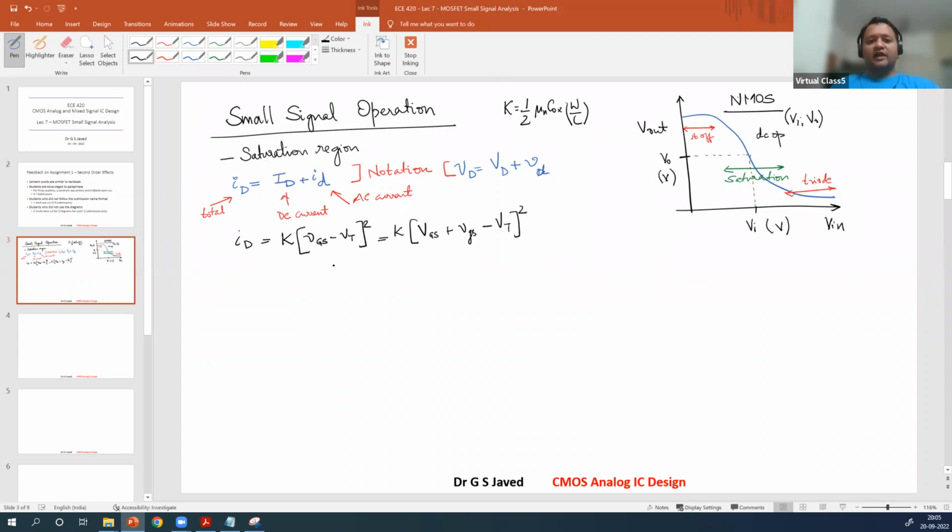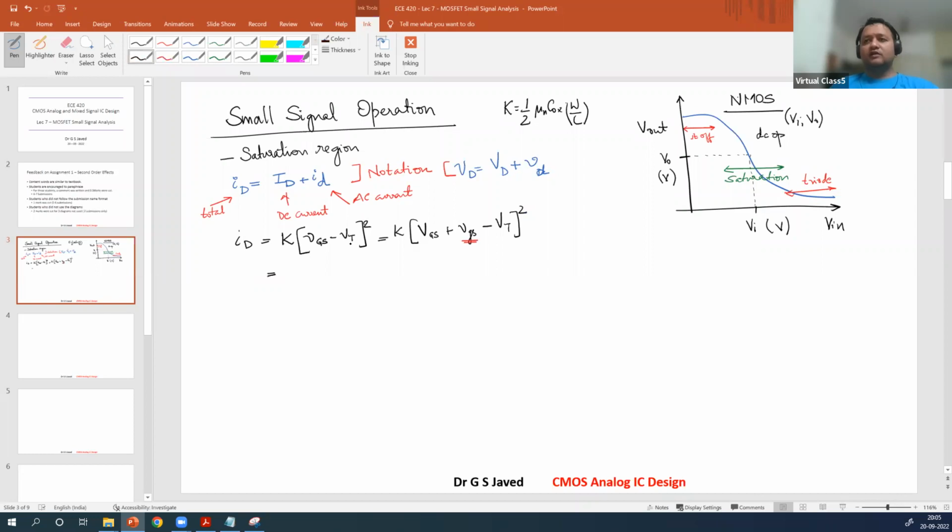Now, what do you identify from this term? You can consider this as a variable, VGS, and these two to be constants. And now you can find out what is the equation. Expand this equation.